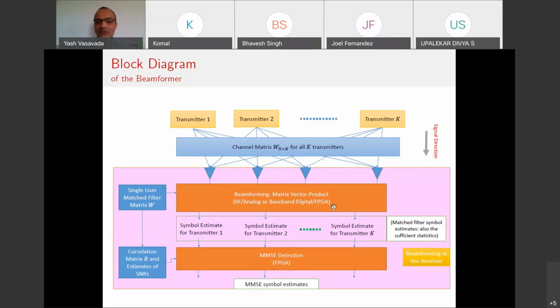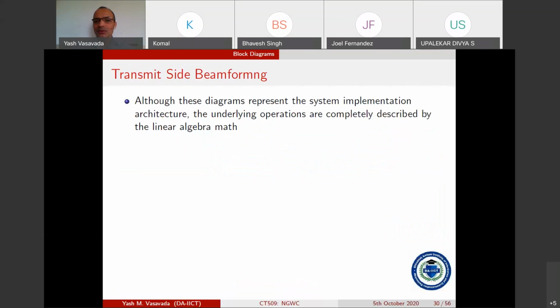If you think of this array of antenna elements as being on top of a base station tower that you see everywhere these days, then that base station tower is not only doing reception, but using the same antennas, the tower is also transmitting the signal towards the same phones, same terminals.